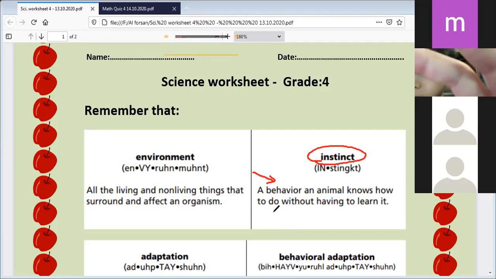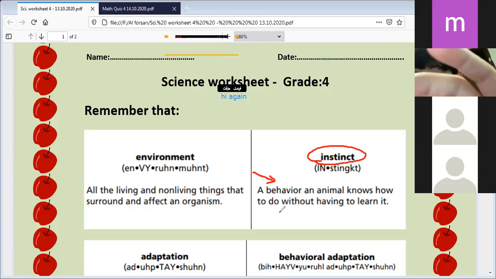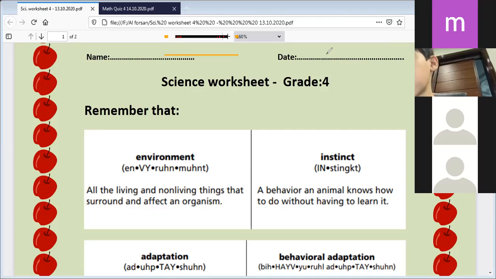Okay. So instinct means an animal knows how to do something without having to learn it. Okay. So if I ask you in the quiz about that, you have to tell me the same answer without exceeding. Okay.